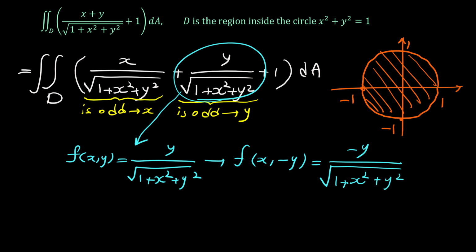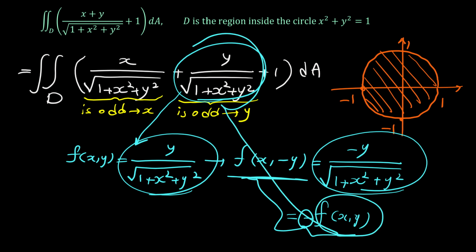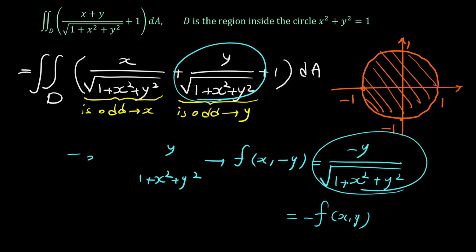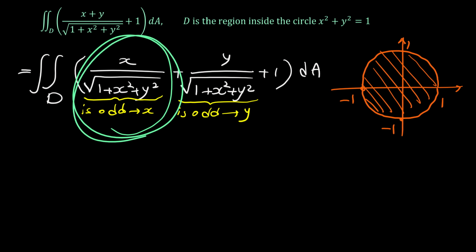If you pay attention, this expression is exactly the negative of the original expression, because f of x and negative y equals negative of f of x and y, so this means that this function is odd with respect to variable y. And in a similar way, you can show that this first term here is odd with respect to x.